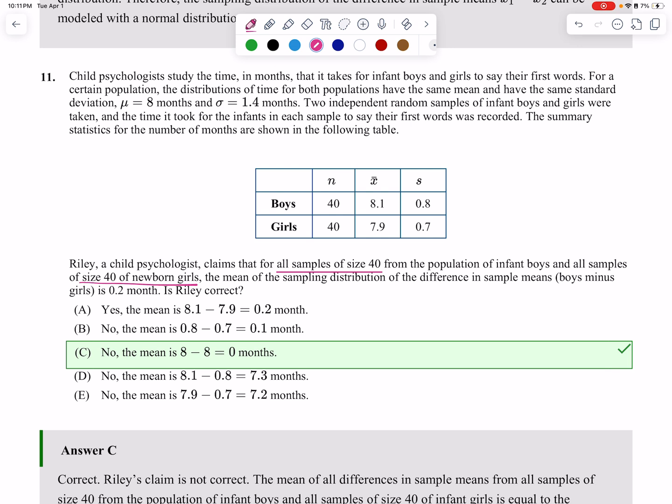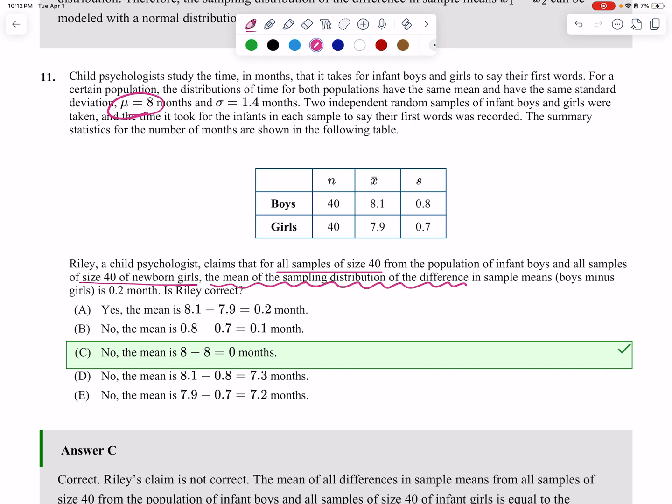So it's saying the mean. Well, it tells you here the mean is 8, because it's saying the mean of all sampling distributions. So this is just right here.